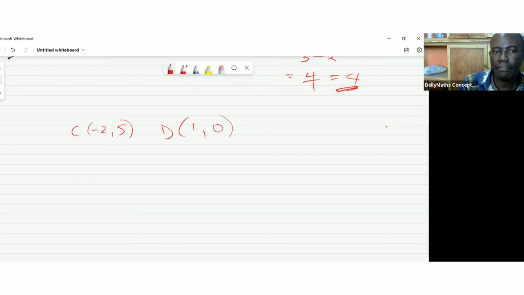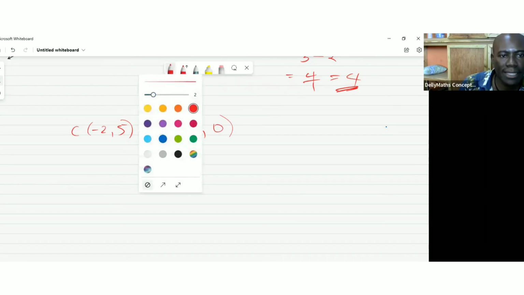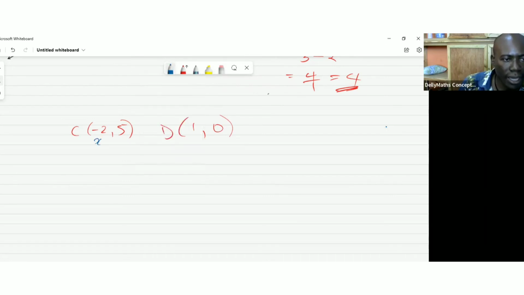If we want to find the gradient of a line connecting these 2 points, all we have to do is to do our labels very quickly and simply: x1, y1, x2, y2. The gradient is equal to y2 minus y1 over x2 minus x1.